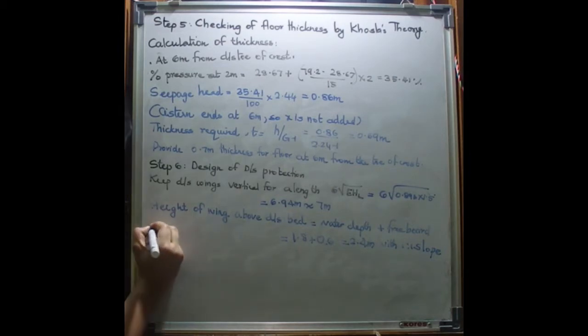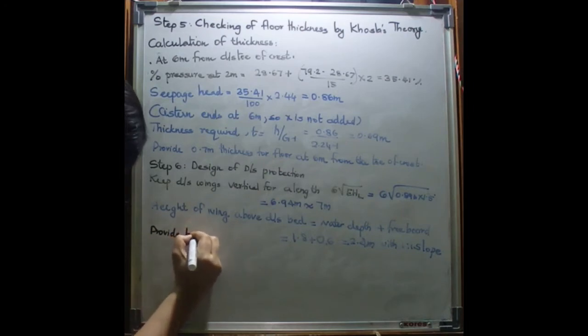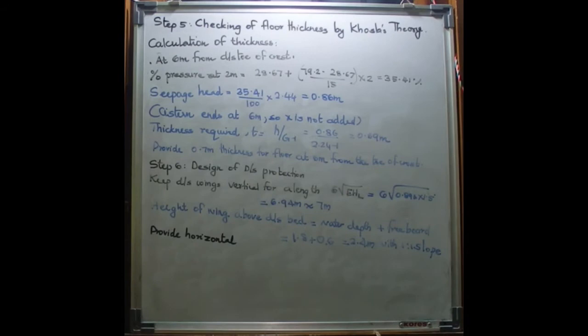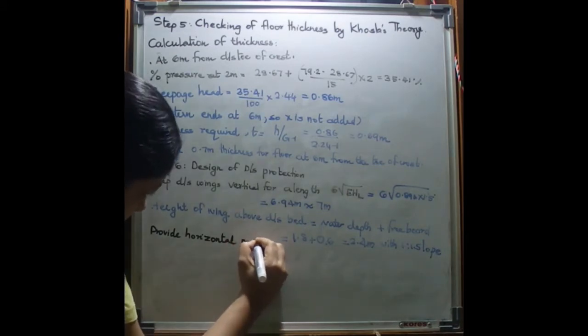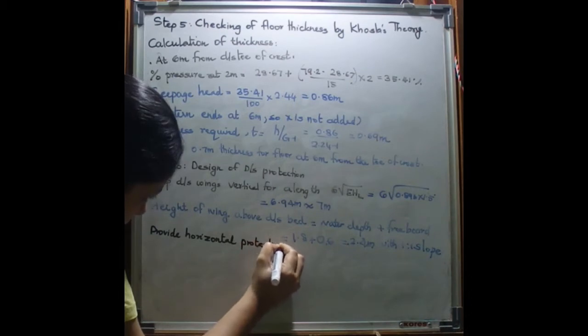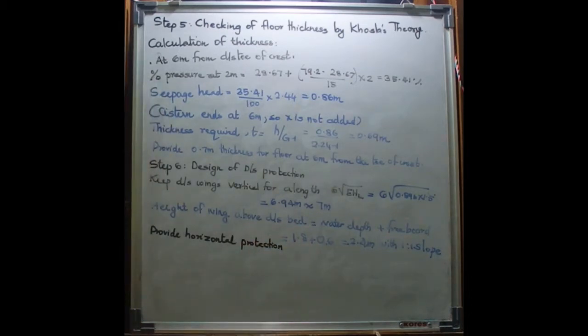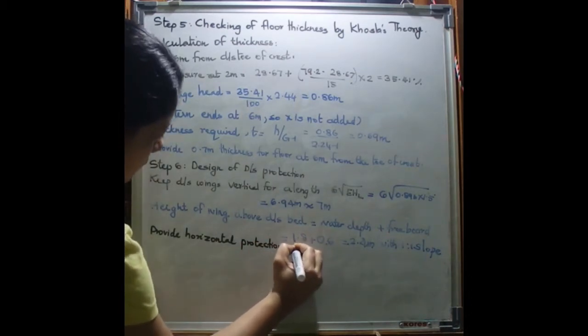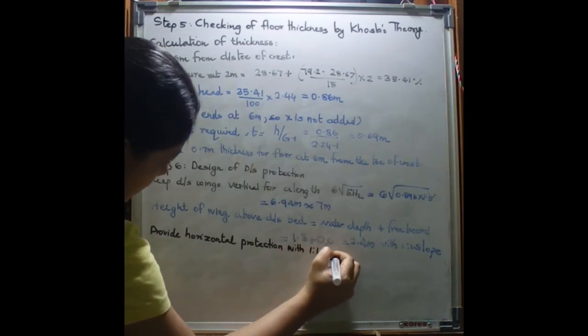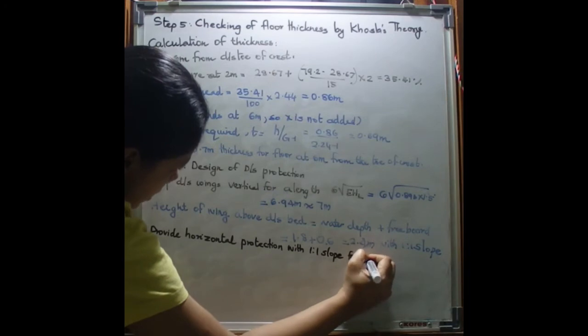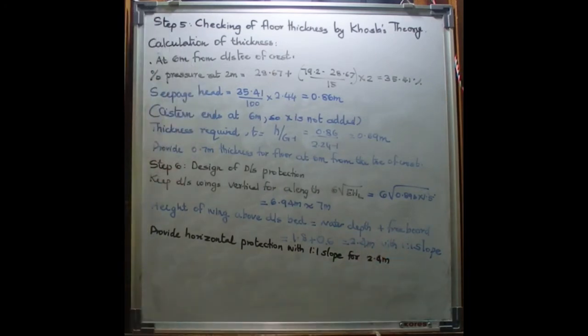So provide horizontal protection with 1:1 slope for 2.4 meter.